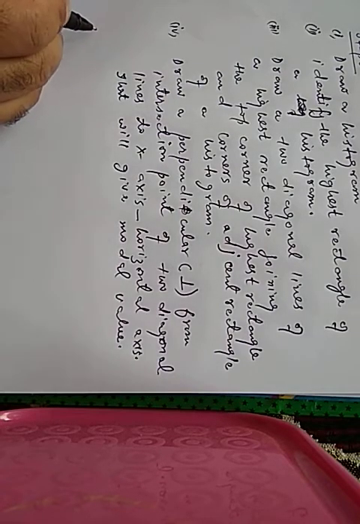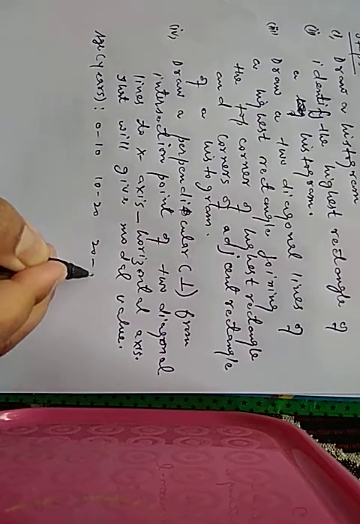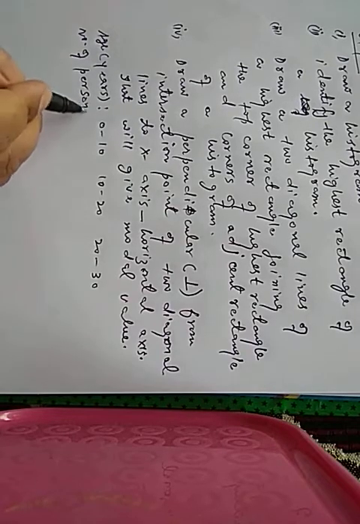Now we will do some examples to show graphically the value of mode. For example, we have data as age in years: 0 to 10, 10 to 20, 20 to 30, and number of persons, that is the frequency, showing how many times the value of the variable repeats in the given data.